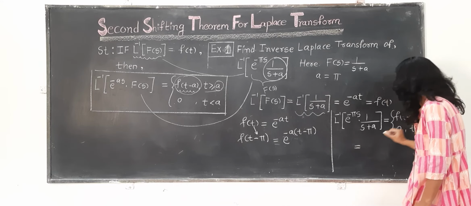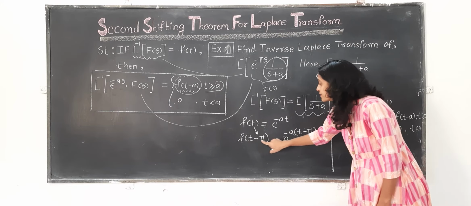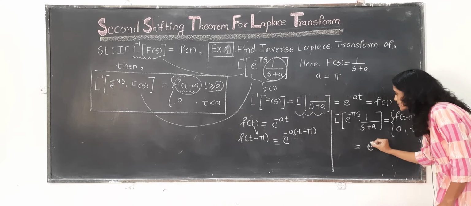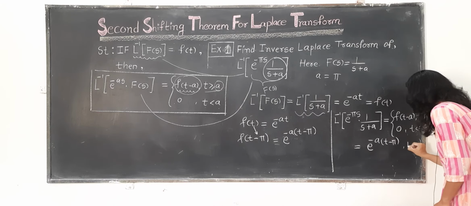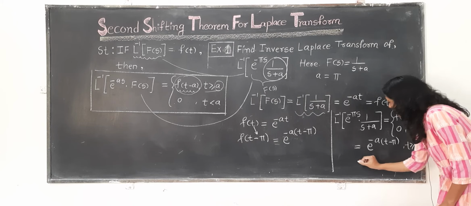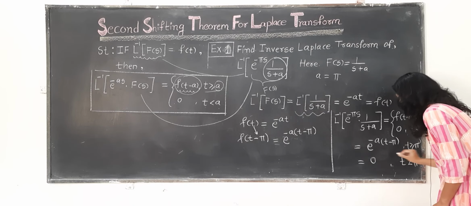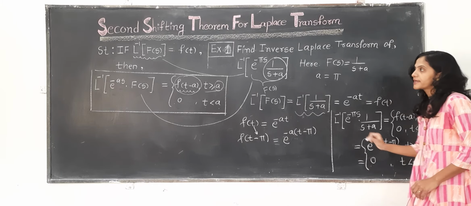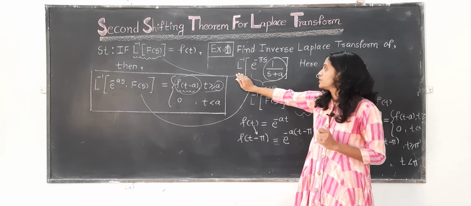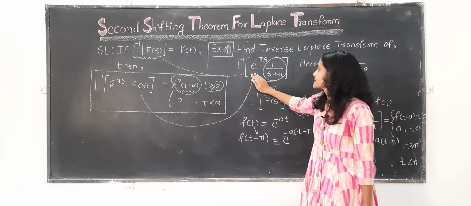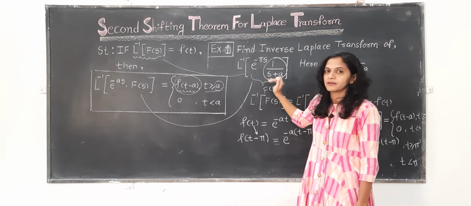Here the value of a is pi. So f of t minus pi is e raised to minus a into t minus pi, where t is greater than or equal to pi, and equal to 0 when t is less than pi. So this is our final answer. Using the second shifting theorem, we can easily calculate L inverse of e raised to minus pi s into 1 upon s plus a. This is a very simple theorem.